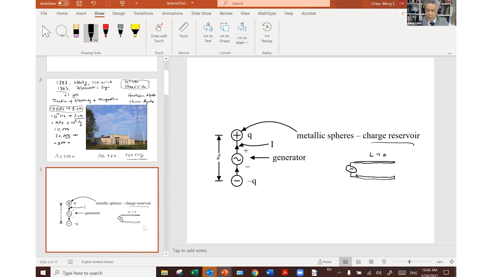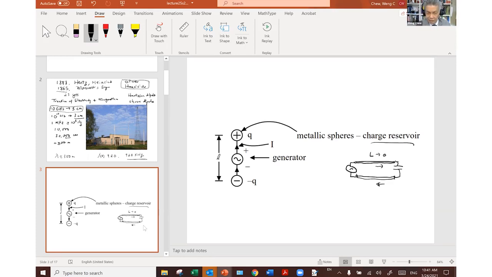So one way to drive current into this transmission line is to put a capacitor at the end of this open circuit transmission line. If the capacitor is large, then you can have a current flow. Okay, you can have an AC current flow through this transmission line.